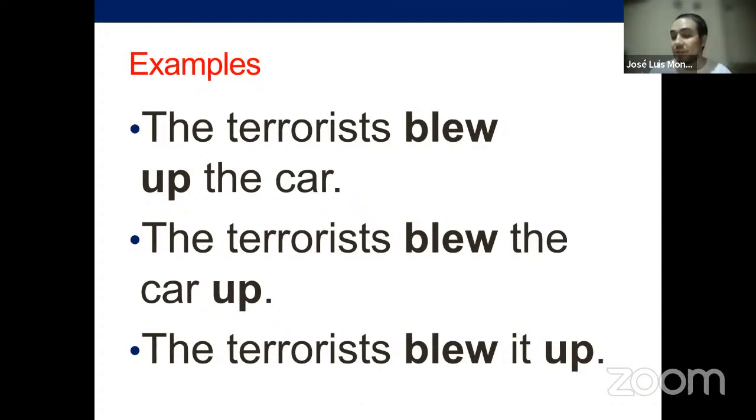Yes, good. Or you can say at the end or after the phrasal verb, right? Not always at the end, but yes, after the phrasal verb. So yes, correct. We can see the possible places that the object can have, right?